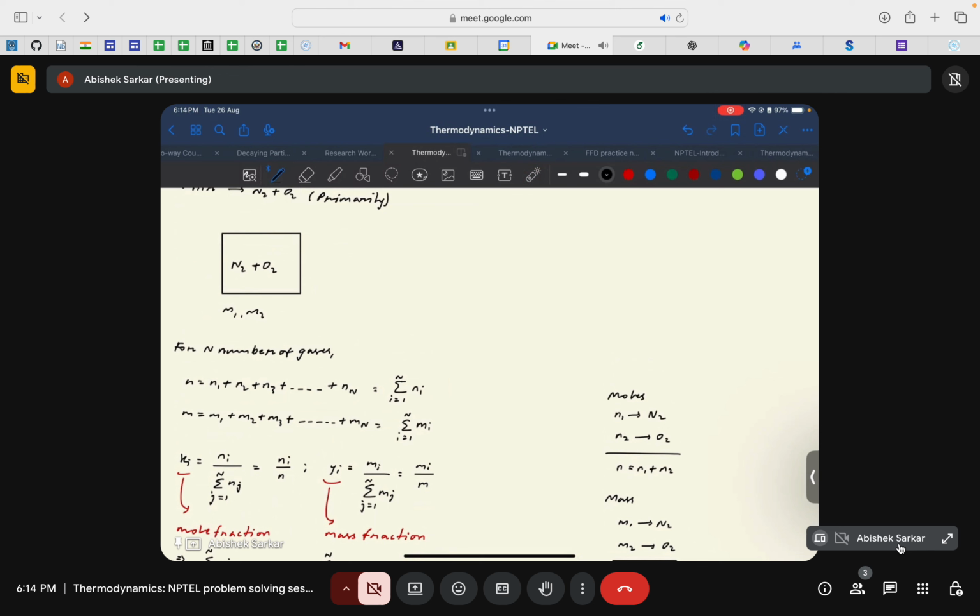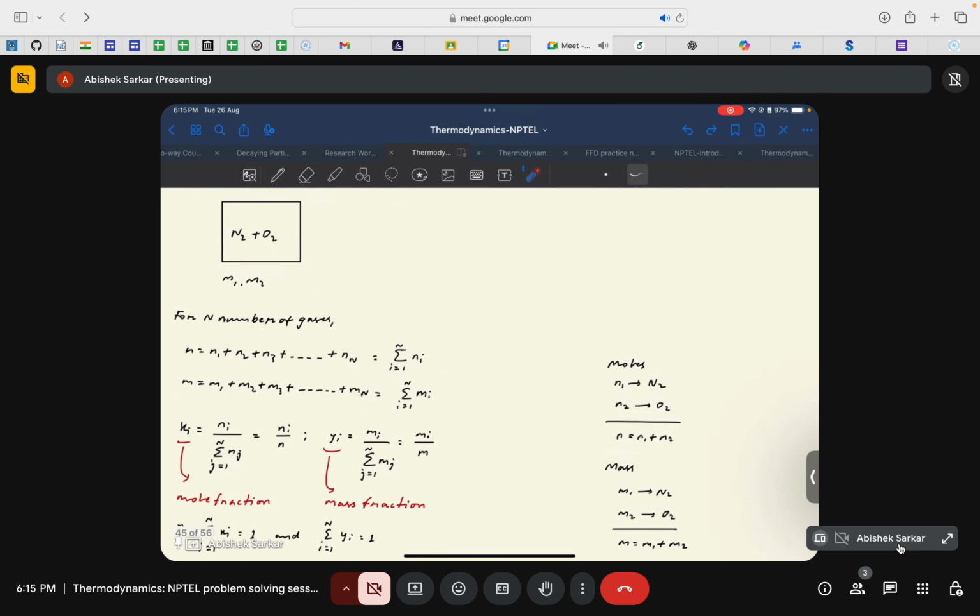And similar to the summation of moles, you can represent this elaborate summation in the form of the summation of mi, where i varies from 1 to n. This is a very simple generic form that we use to represent summation. You may know it already, but I thought it's a good way to introduce you to some terminologies that we are going to use in the rest of the course.